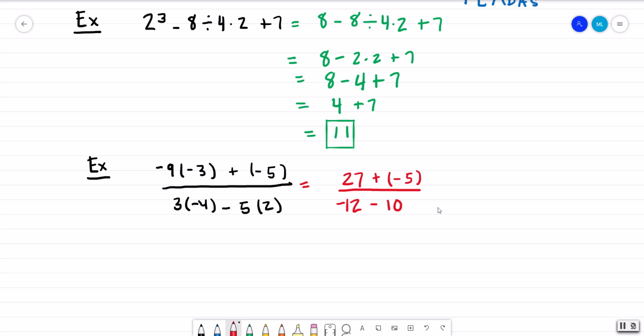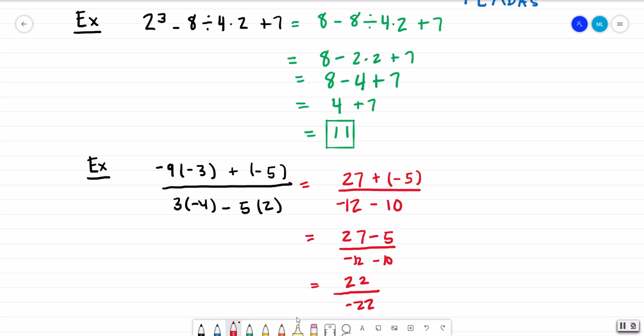From here we can go ahead and combine, so this is going to be 27 minus 5. If you want to simplify the part of negative 12 minus 10, you can, but I'll just leave it. So now we have 22 divided by negative 22.